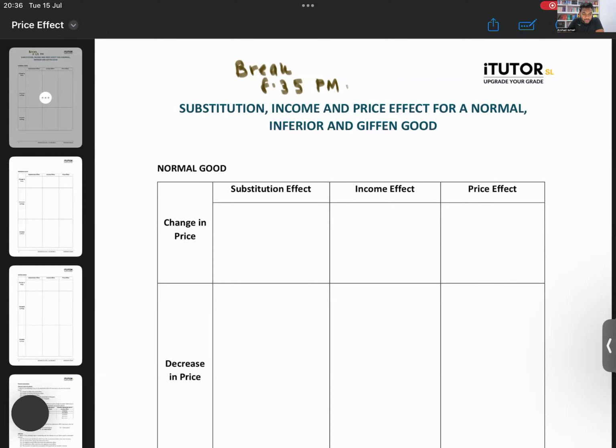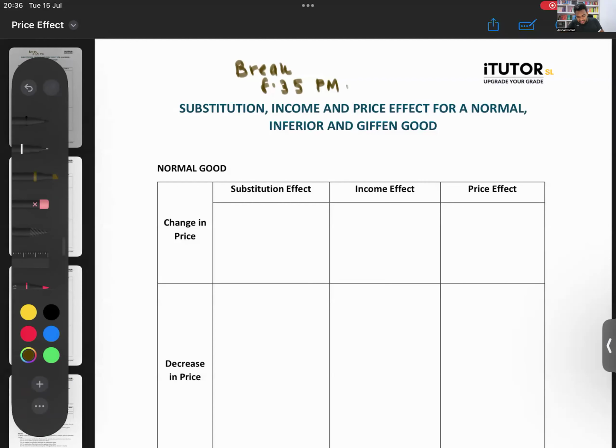When it comes to the substitution effect, we look at the relationship between relative price and quantity demanded. When we talk about substitution effect, we look at the relationship between the relative price of the good and the quantity demanded of that good. I will explain that, don't worry.